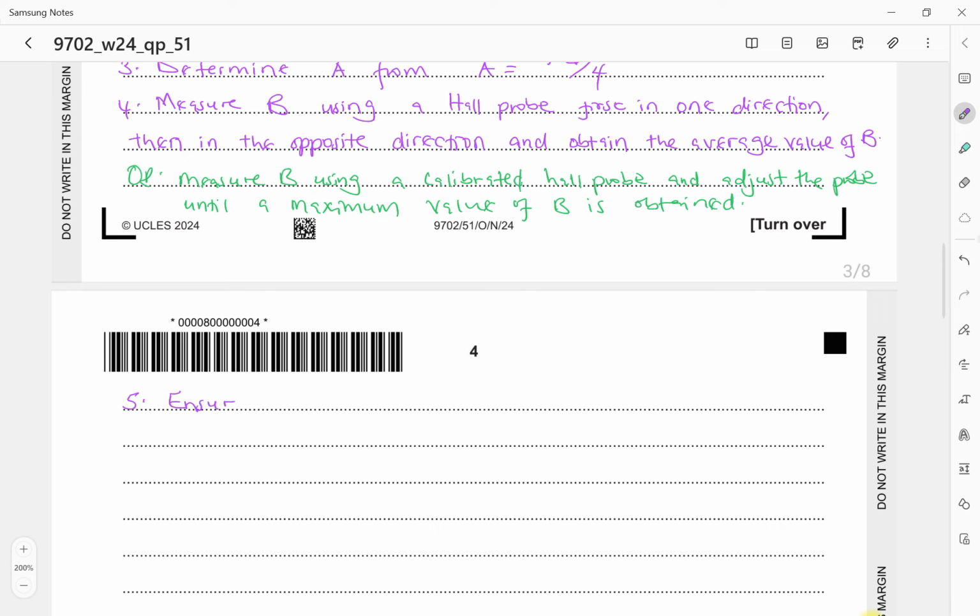Ensure that the magnet used is very strong so that V is large enough.